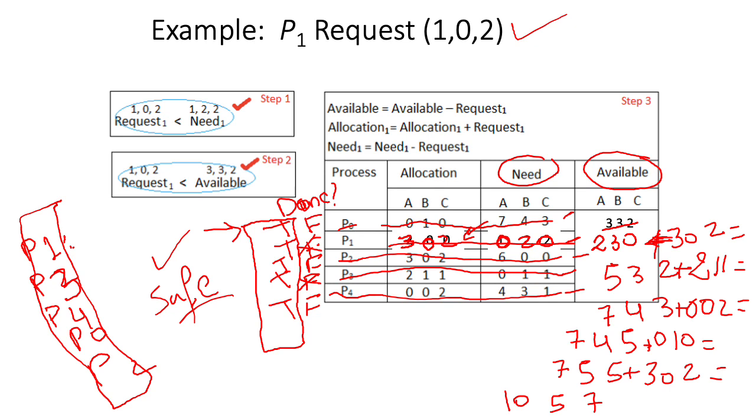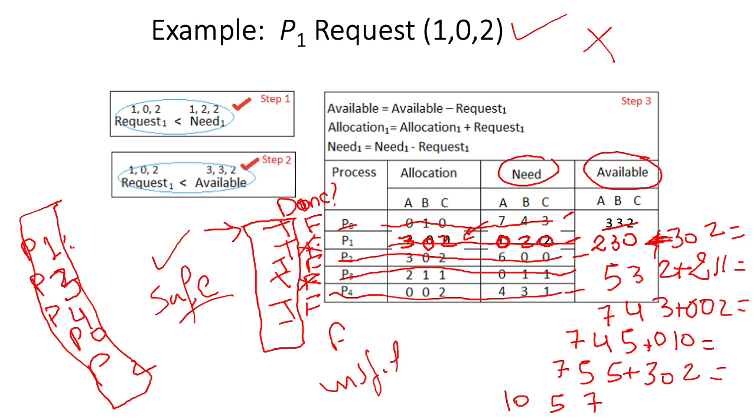Now, if at least one of these processes' state ended up with a false value, then it will not be a safe state, it will be an unsafe state, and we will not grant this request to P1, and it will have to wait. So this is what the banker's algorithm is about.